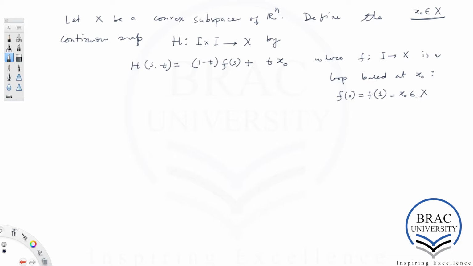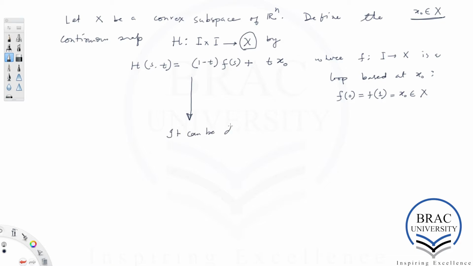Now, it can be done since this subset of R^n is convex.